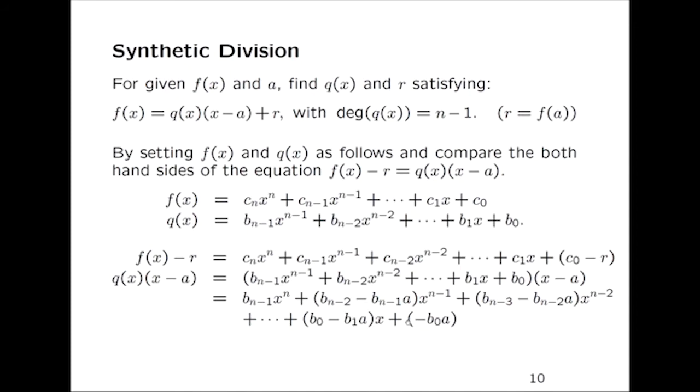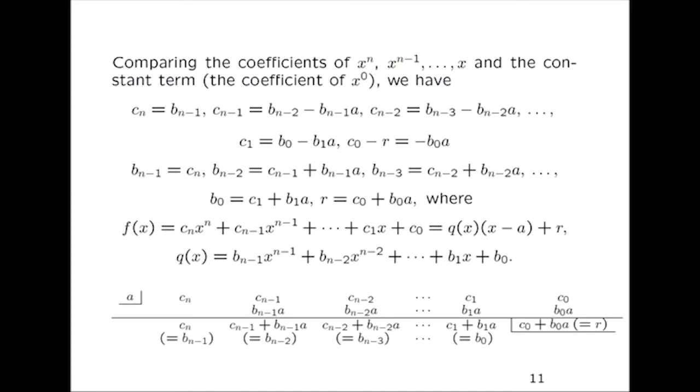So the idea is to compare the coefficients of f of x minus r and q of x times x minus a. So cn is equal to b(n-1), c(n-1) is equal to this one, and so on. The important thing is f of x is given. So that means the ci's are given, and we want to find the bi's.